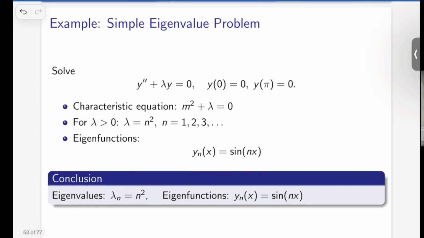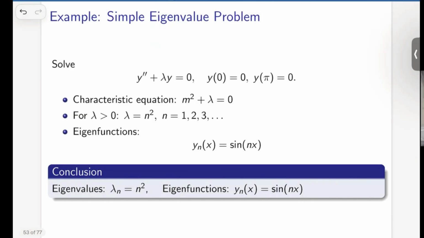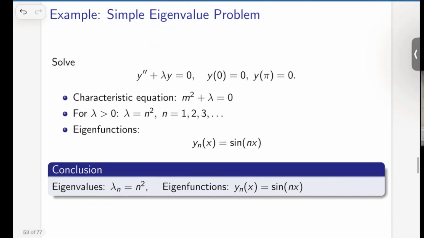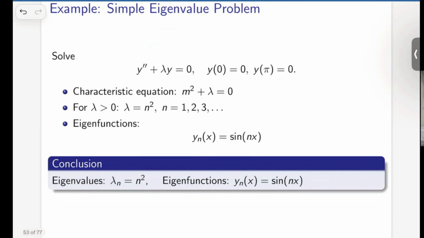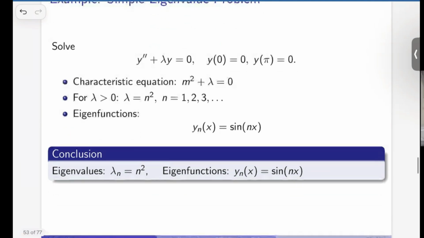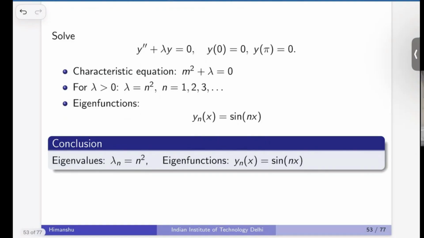I believe this is very easy. In this case, we have lambda equals n square and the solutions depend on n. For each value of n, we have our eigenfunction sin nx.